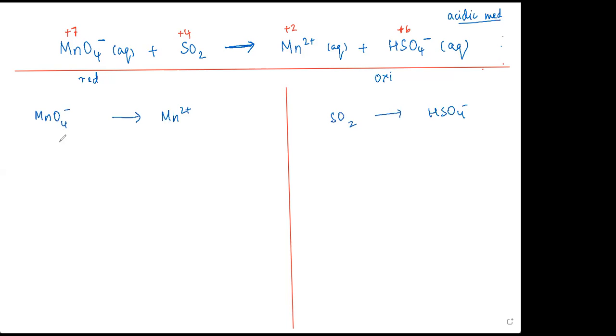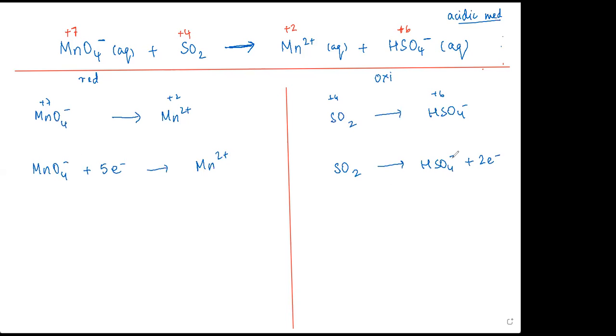So MnO4, this is oxidation state plus 7 to plus 2, and this is plus 4 to plus 6. So plus 7 to plus 2: MnO4 minus plus 5 electrons gives Mn2 plus, and SO2 gives HSO4 minus plus 2 electrons.